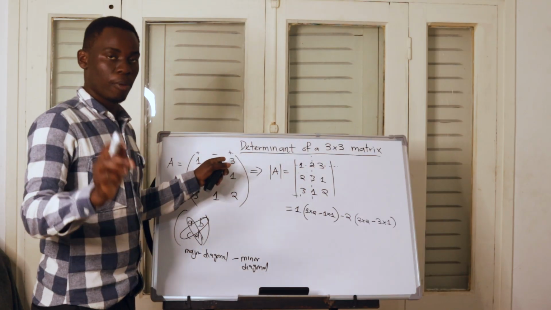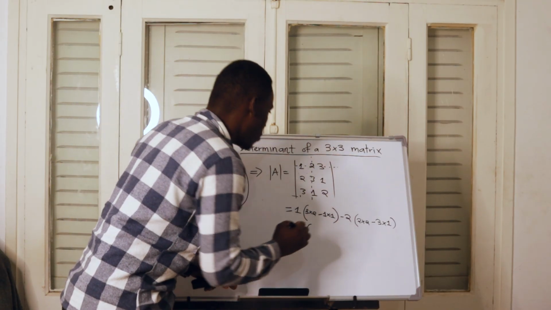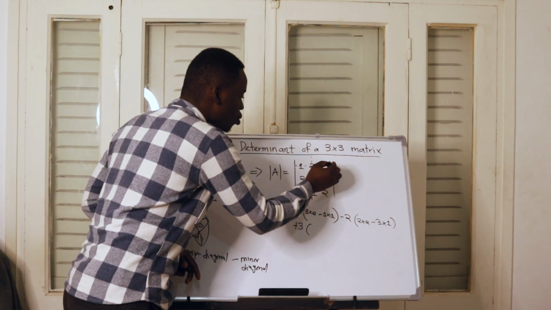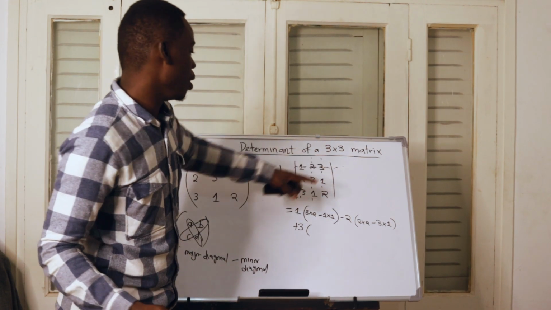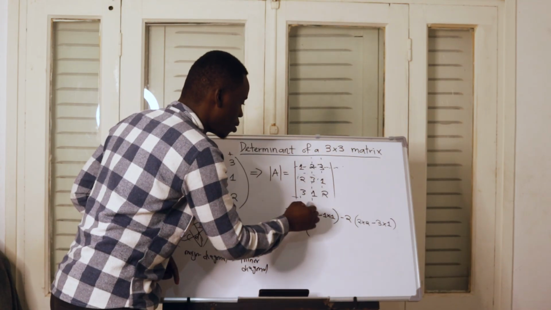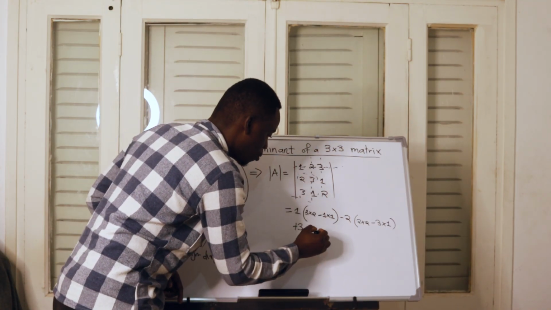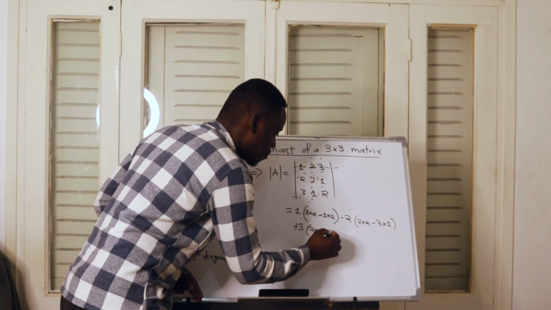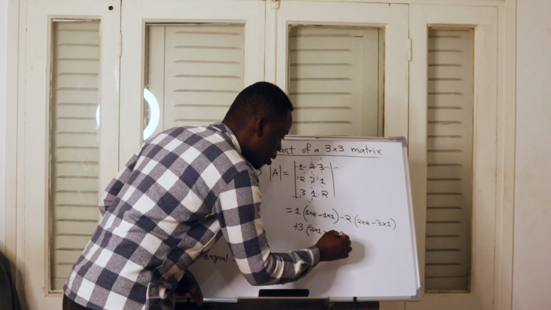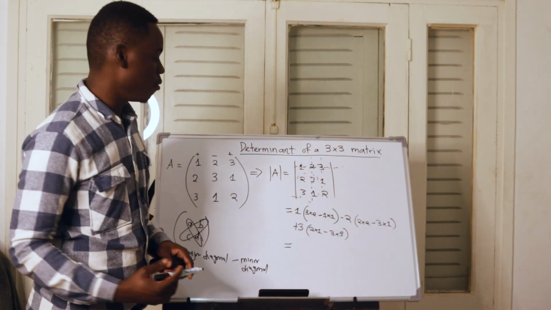And 3 takes up the positive figure, so it will be positive 3, open bracket. If we cancel out this row and the column in which the 3 is, we're going to remain with this right here. So this will be 2 times 1, our major diagonal, minus 3 times 3.